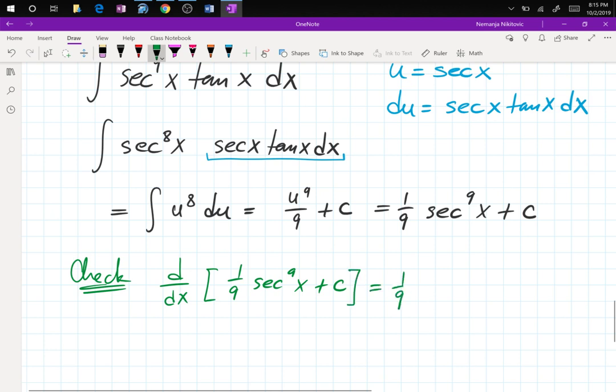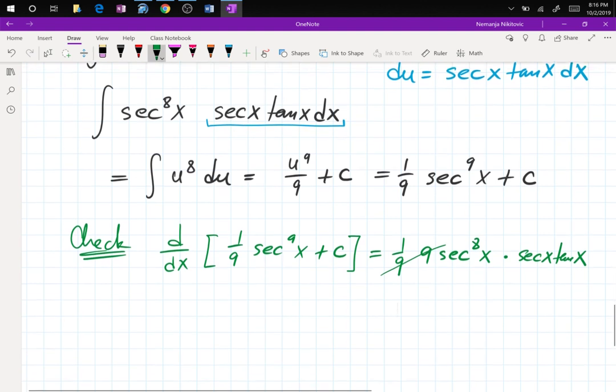The derivative of secant to the 9 is 9 secant to the 8x times the derivative of the inside, which is secant x tangent x. 9 will kill 9, secant times secant is secant to the 9, and that's the problem. Fair?